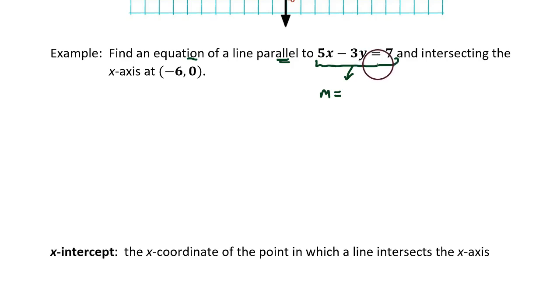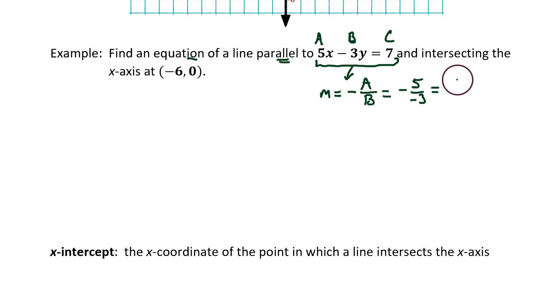This is in the form ax plus by equals c. Remember, we know a formula to find the value of m when we have an equation in that form. It's the opposite of a over b. So we have negative 5 over negative 3. Let's simplify this.